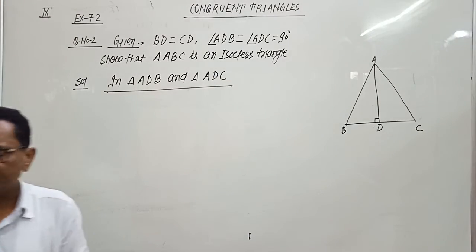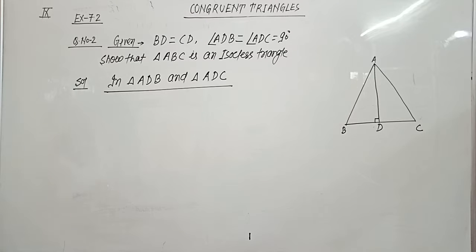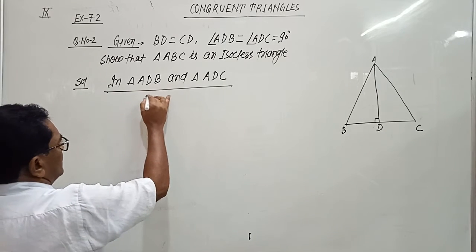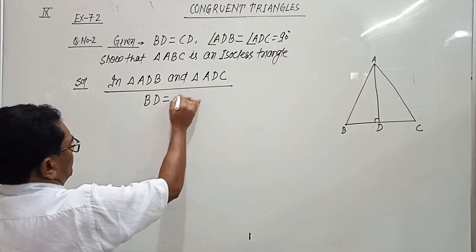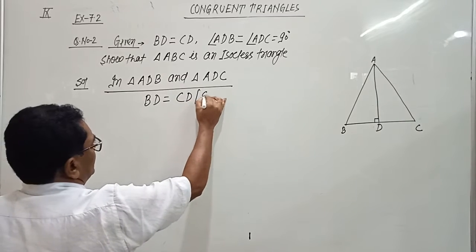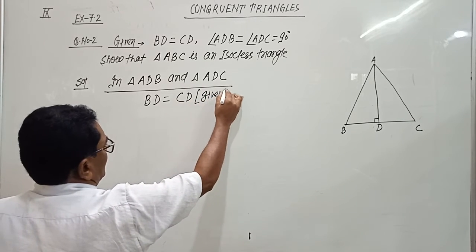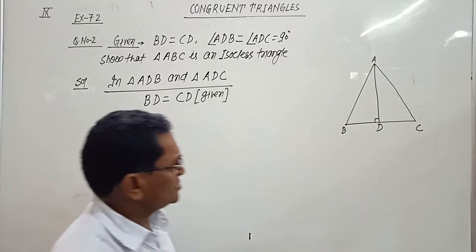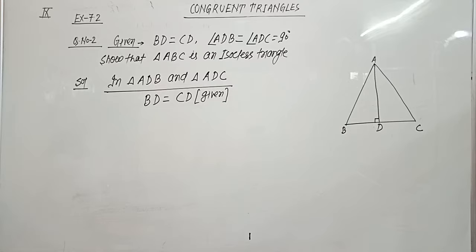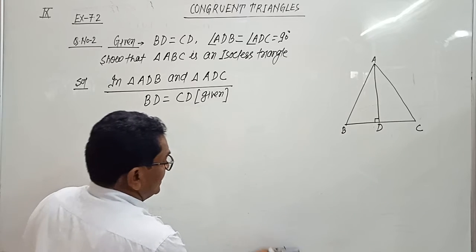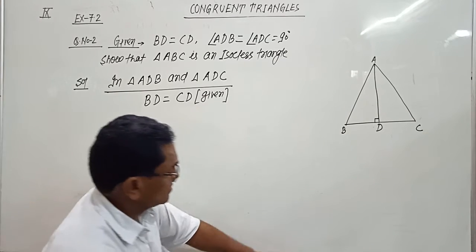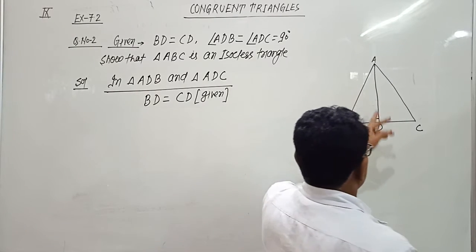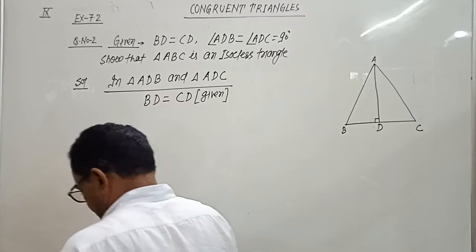In triangle ADB and triangle ADC, we have BD equals CD, given, and angle ADB is equal to angle ADC.